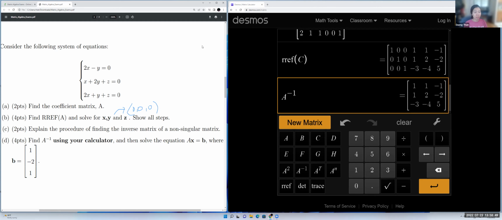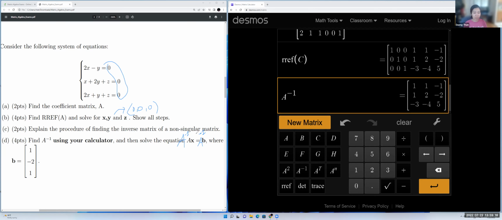All right. So let's talk about how you can solve these equations. Now B is not a zero vector anymore. B is a non-zero vector, which is given here. In order to solve these equations, we know that A is invertible, so A inverse exists. That means we can multiply A inverse to the left of both sides of the equation.